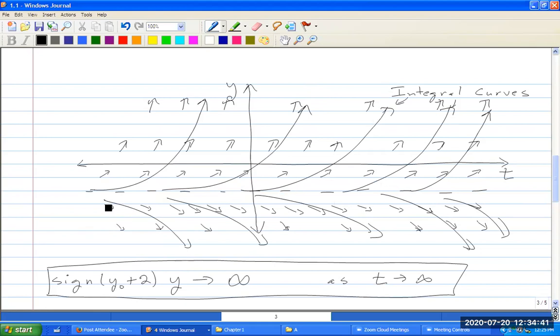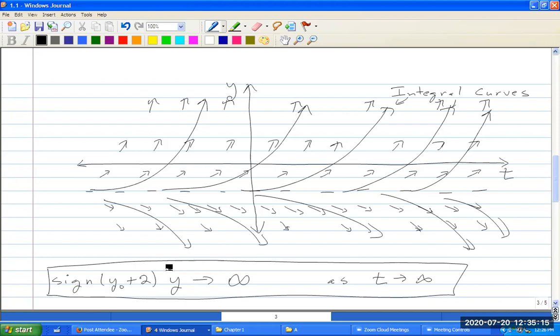If it is less than -2, you go off to negative infinity. If you multiply this guy here by -1, then you're going off to plus infinity.